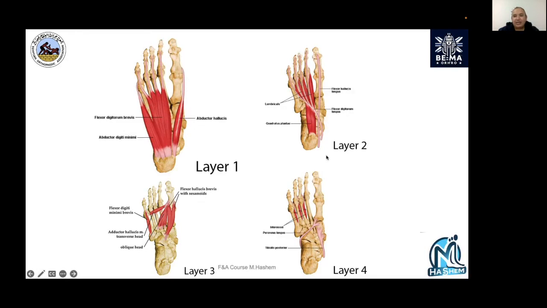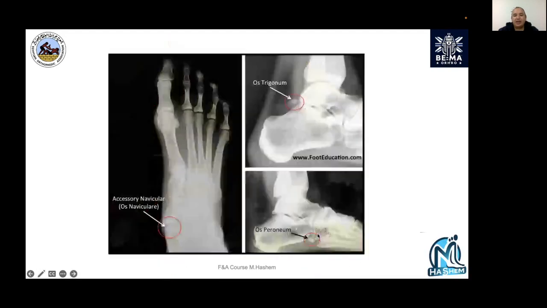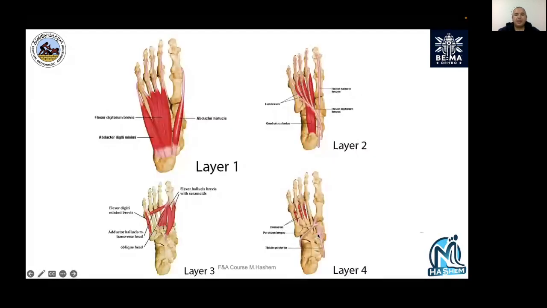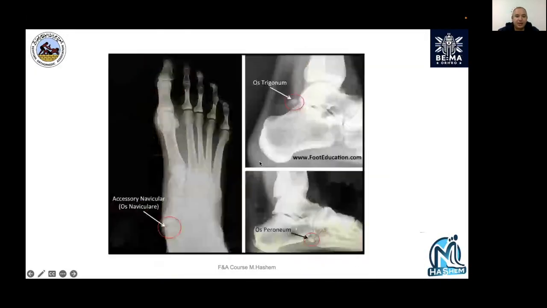Layer number 2 has flexor hallucis longus, flexor digitorum longus, and with the flexor digitorum longus, the lumbricals and the quadratus plantae. And on the other side, layer number 4: tibialis posterior, peroneus longus, and the interossei.